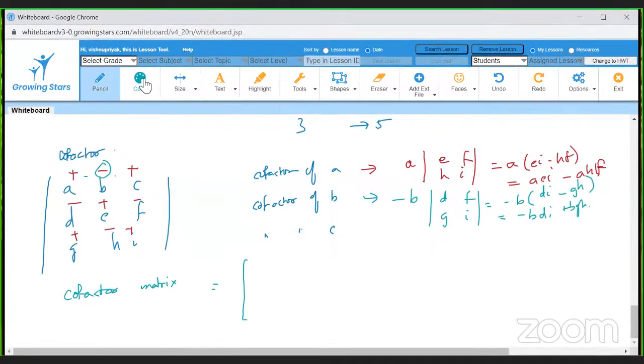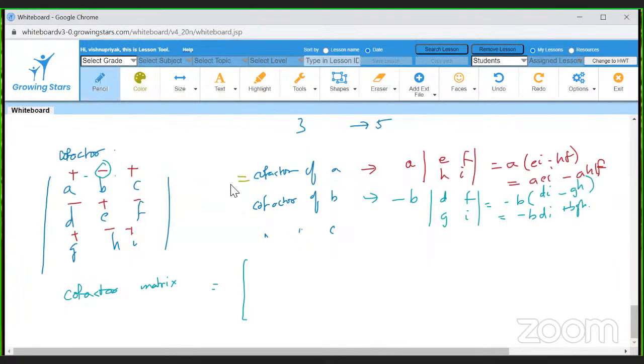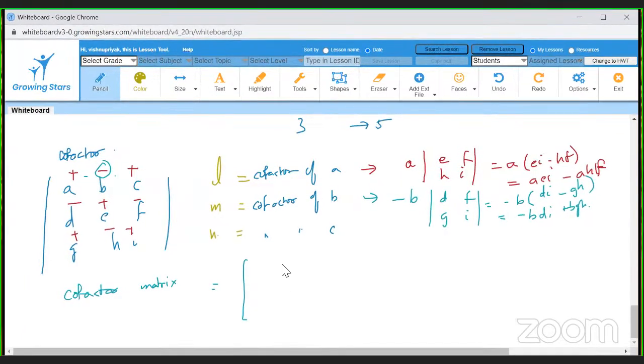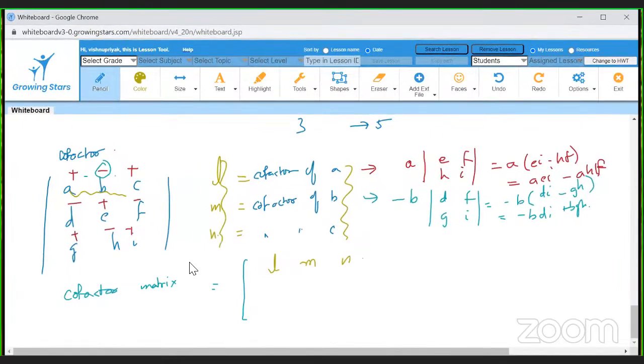The answers which you get here: for example, the answer for this is L, this is M, this is N. So you will put L, M, N in serial order, like A, B, C are in a row, L, M, N also will be in a row. Similarly, you will find the cofactors of D, E, F, say O, P, Q, and of G, H, I, say R, S, T. This is called the cofactor matrix.